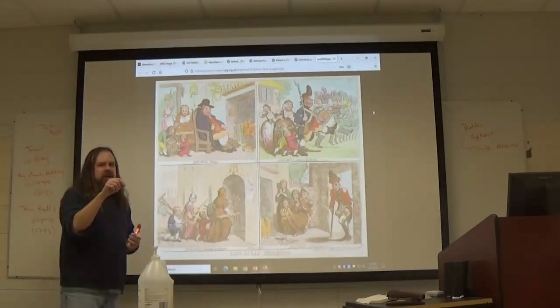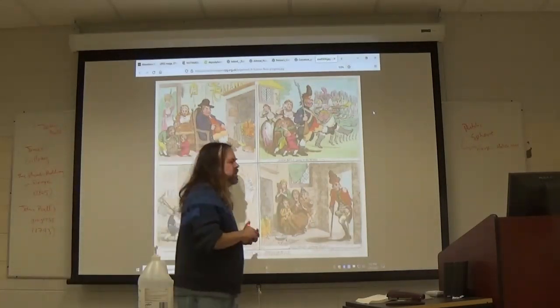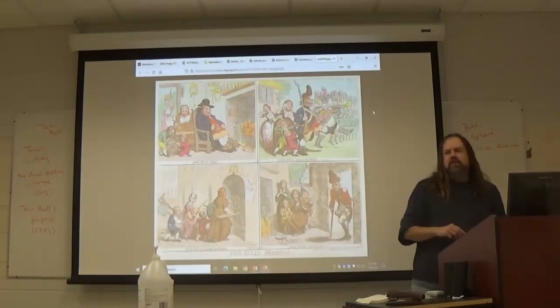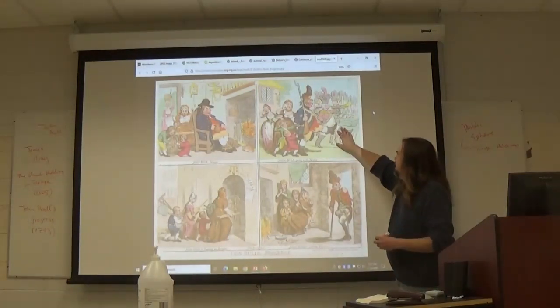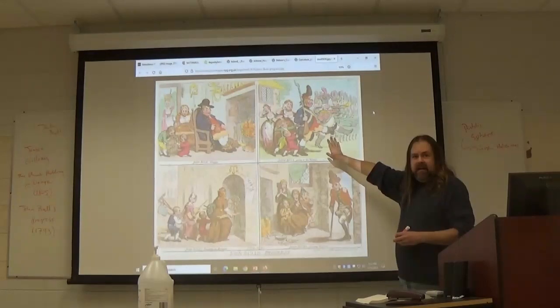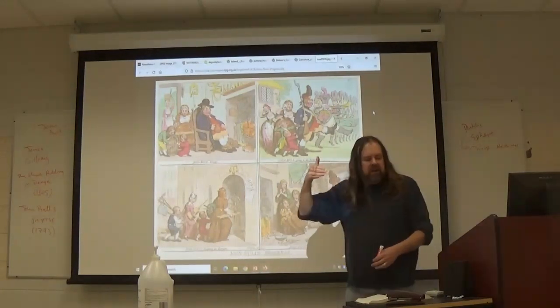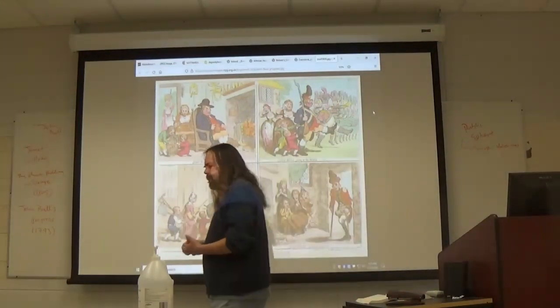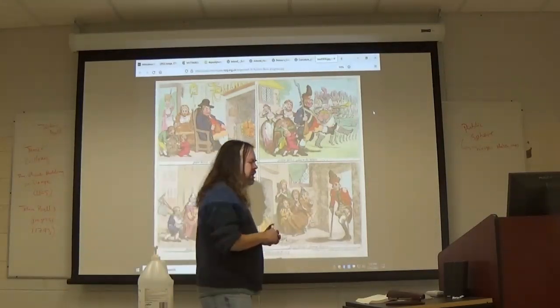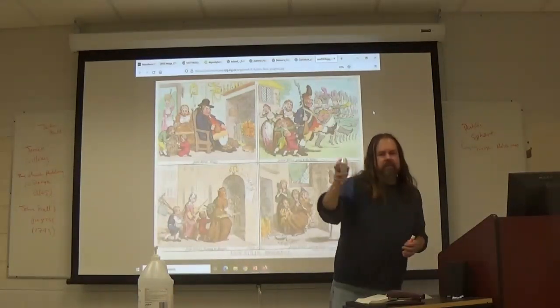Now, this doesn't mean that official narratives don't sometimes try to dominate the public sphere. As we can see in this panel here, one of the big appeals to the public that the government made was through pageantry.